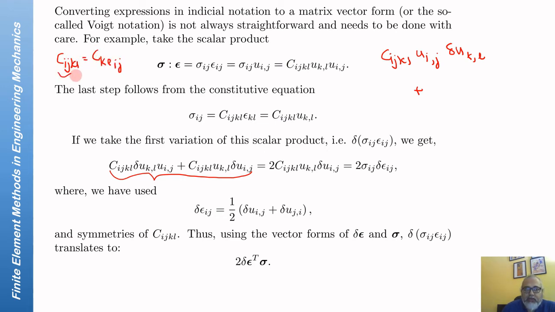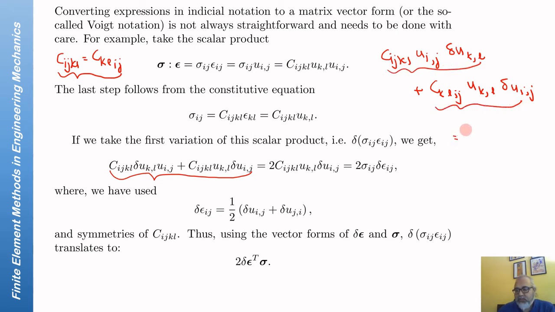This term we can write as Cklij uk,l delta ui,j. Again, kl and ij are all repeated indices, so we can see that this term and this term are actually the same. So this we can write as Cijkl uk,l delta ui,j. That's what we have done here.